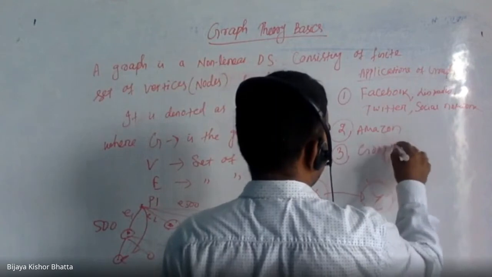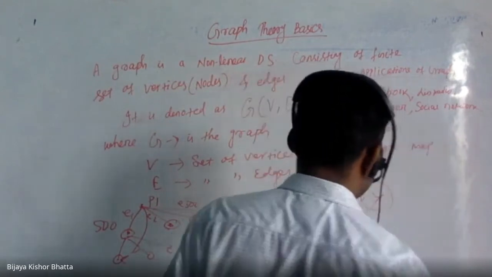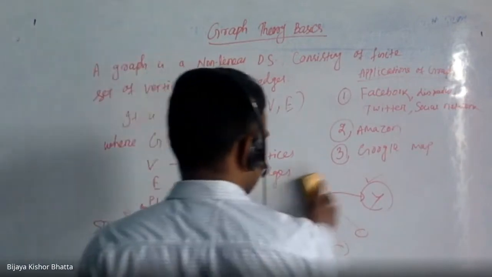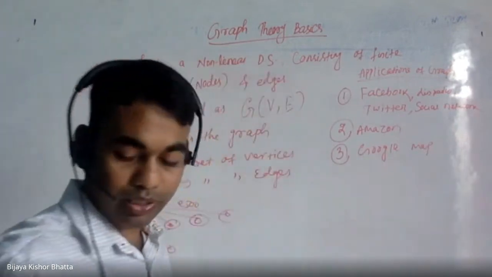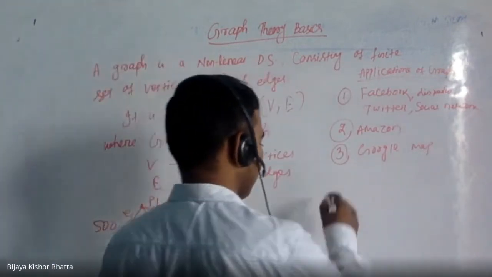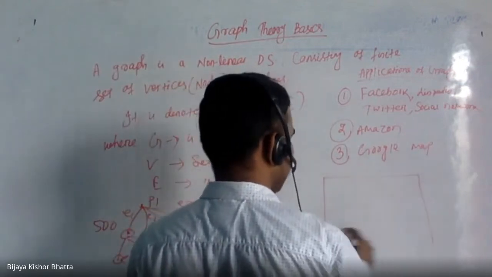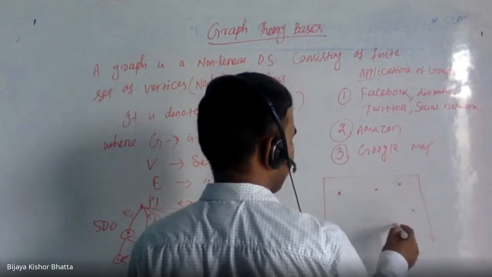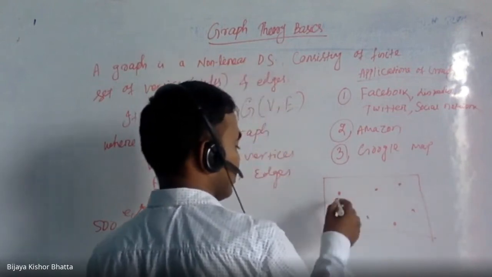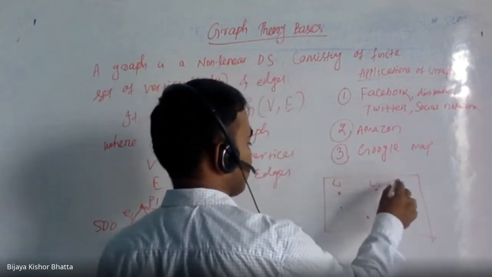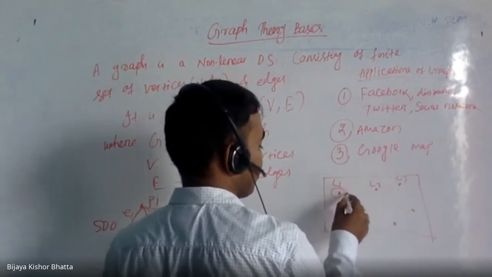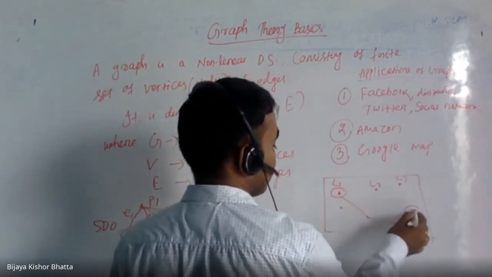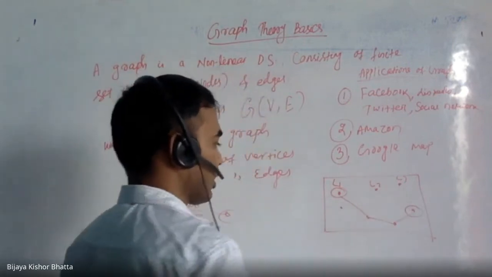Google Map also uses a whole bunch of graph applications. If you are booking an Ola or Uber, there are different points or locations available in the graph, like location 1, location 2, location 3. If you want to go from one location to another, it may not be a direct path, so you go through intermediate locations.